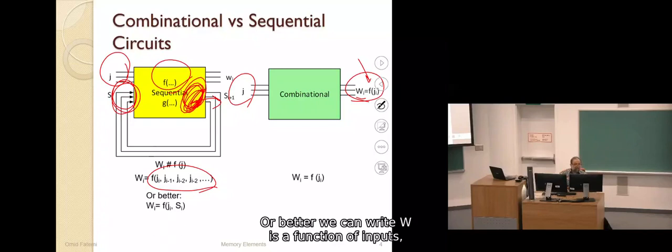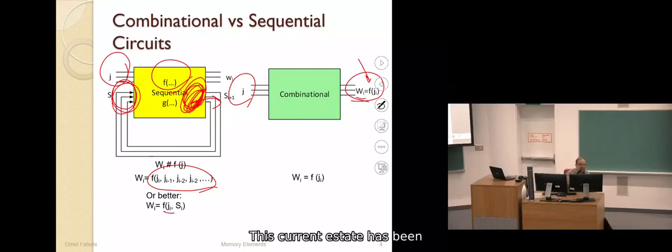Or better, we can write W is a function of the current inputs, Ji, and the current state. And this current state has been created from all of the inputs before.